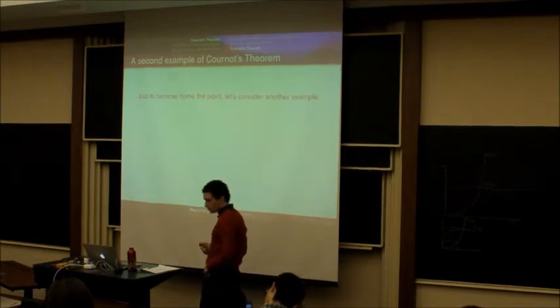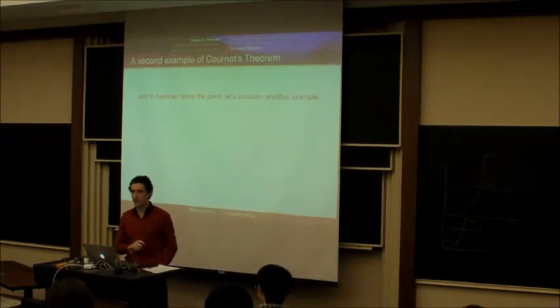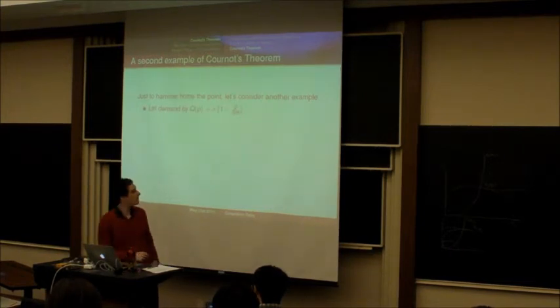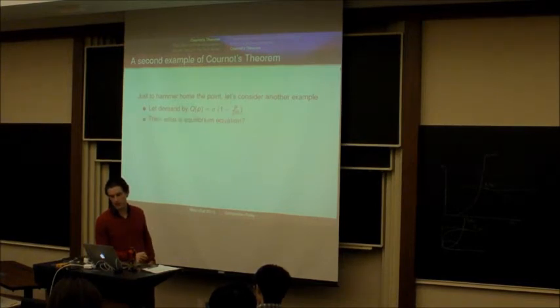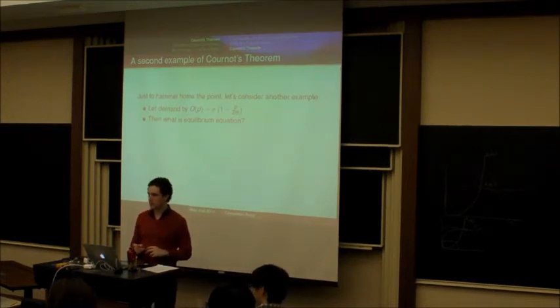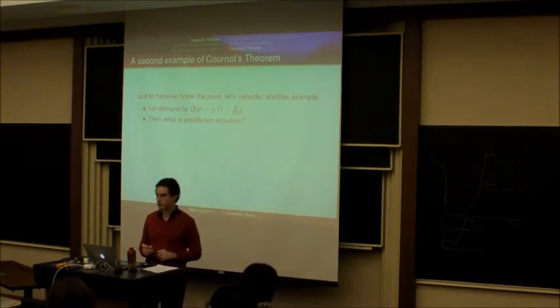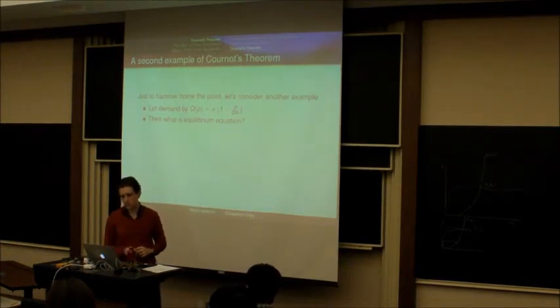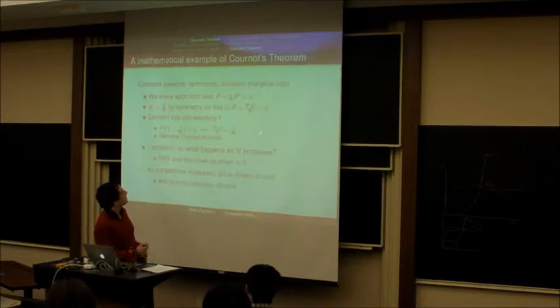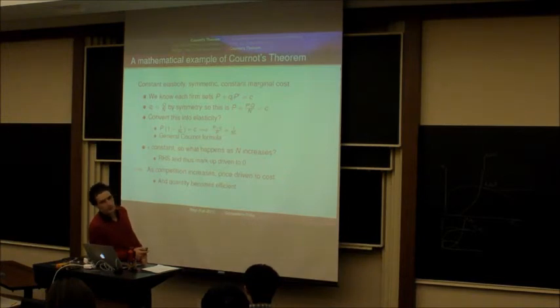So just to hammer home this point, let's consider another example. So imagine that demand is given by this form that you also looked at in the problem set. So what is then going to be the equilibrium equation in the case of linear demand? You can come derive it on the board if you want.